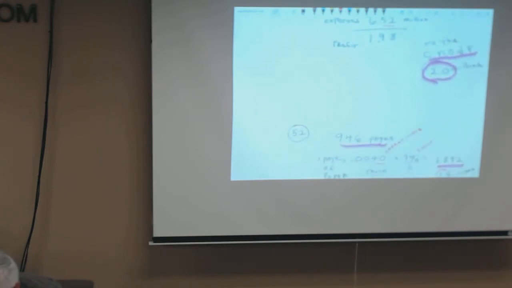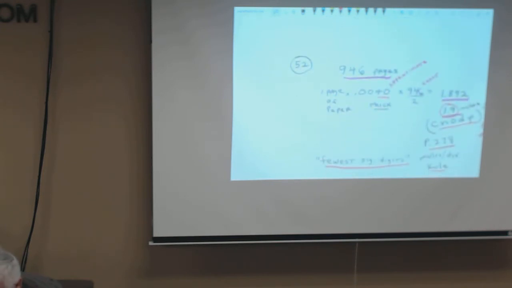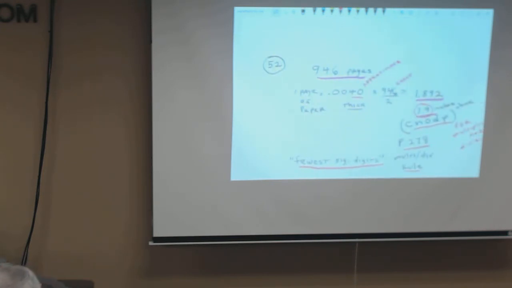We'll move down to one that shows multiplication. Number 52. On October 17, 1965, the New York Times contained a total of 946 pages.